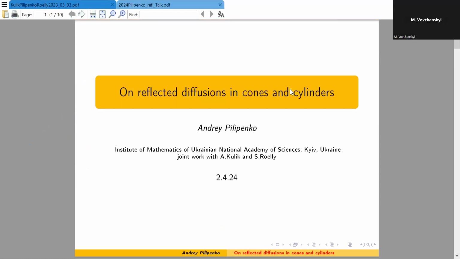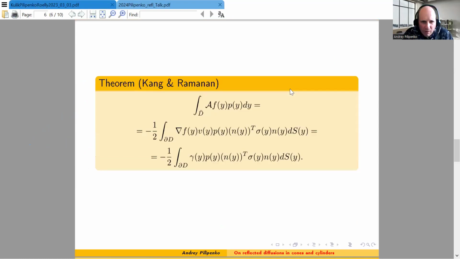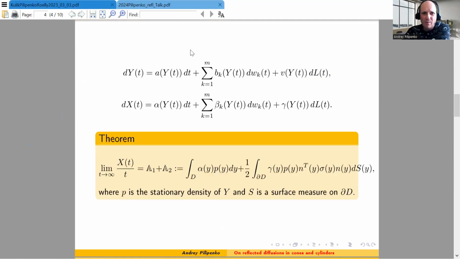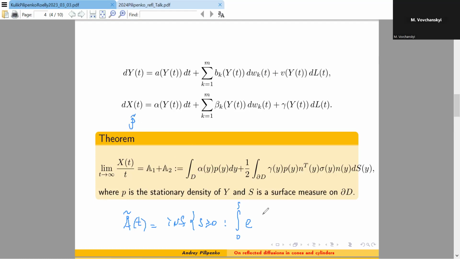Let me find it, I didn't write it. The inverse time change was the following: A of t is the infimum of s such that the integral from 0 to s of e to the 2 rho tilde of z dz is t.